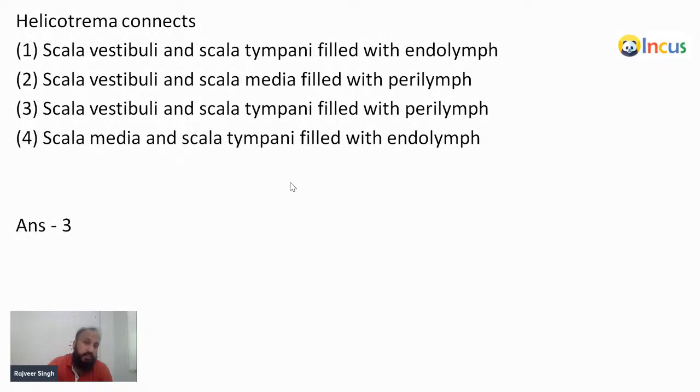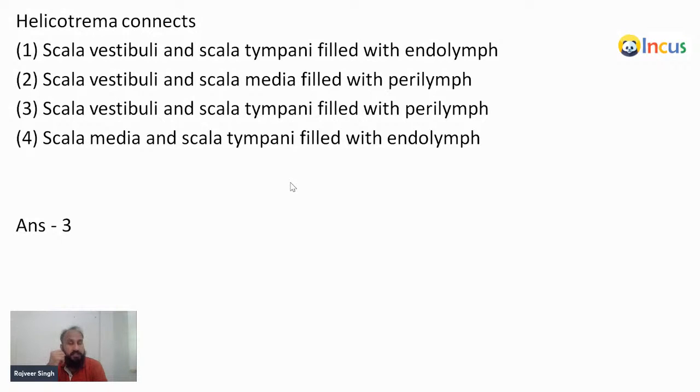Next: the helicotrema connects scala vestibuli and scala tympani filled with endolymph; scala vestibuli and scala media filled with perilymph; scala vestibuli and scala tympani filled with perilymph; scala media and scala tympani filled with endolymph. The answer will be third.